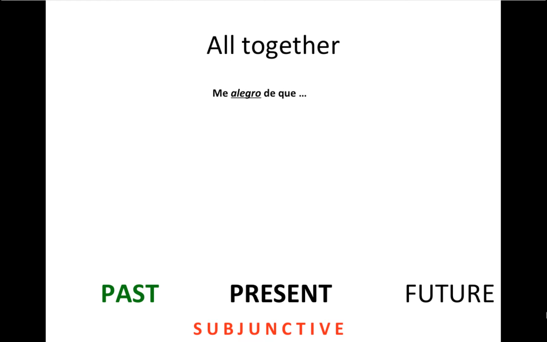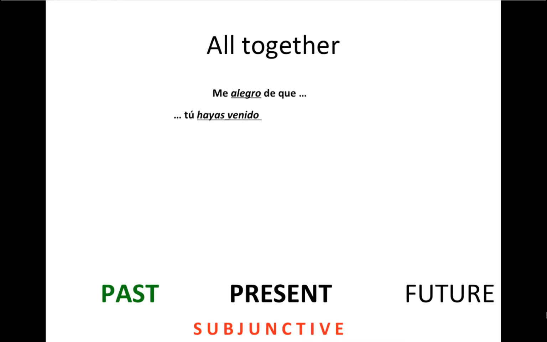So, ipso facto, it's got to be subjunctive that's going to follow here. Me alegro de que. I am happy that you have come to the party, let's say. I can't say tú has venido, you have come. I have to use the subjunctive because of the rule that it's following an emotive statement.